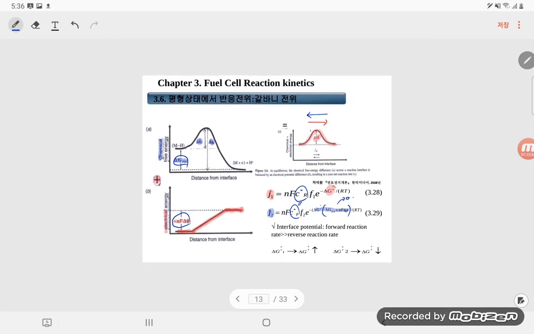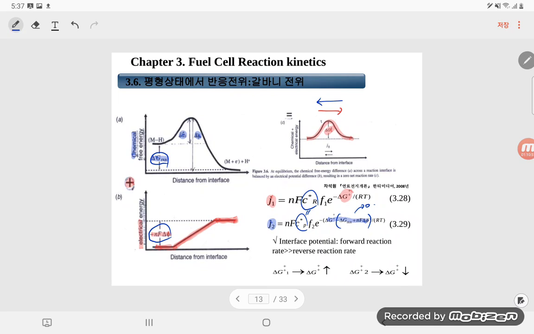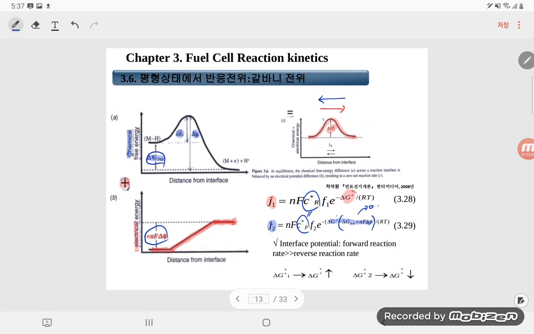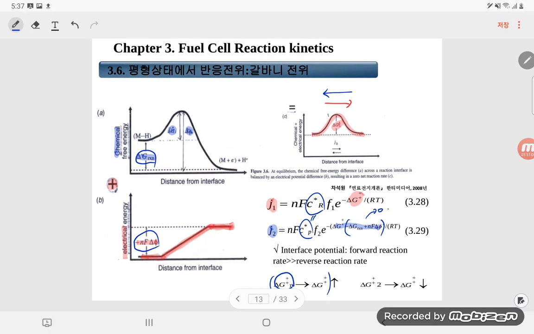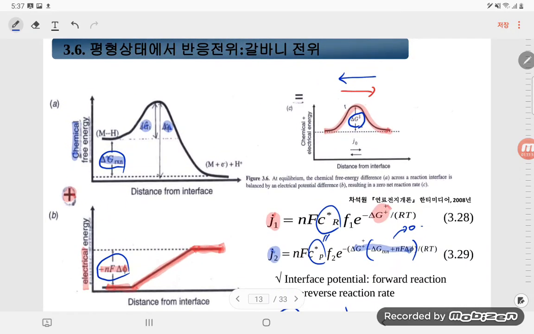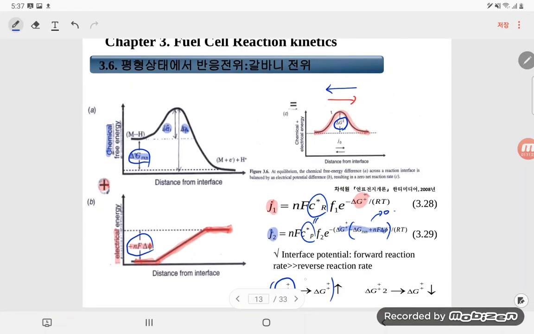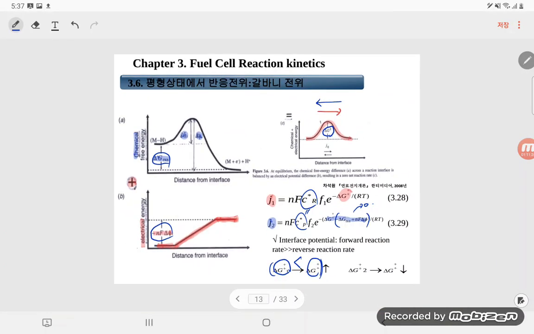And then as a result, the interface potential for the reaction is higher than the reverse reaction rate. Then the result of these two effects: delta G1, this is the original forward activation barrier. But if we compare this delta G in the equilibrium state, which is the larger one? When you compare these two, this delta G is higher than this delta G1, right?